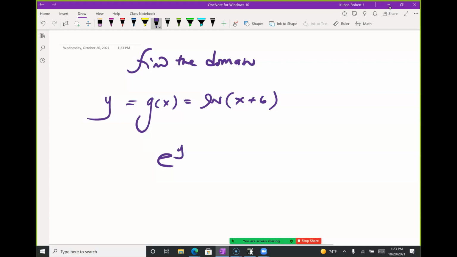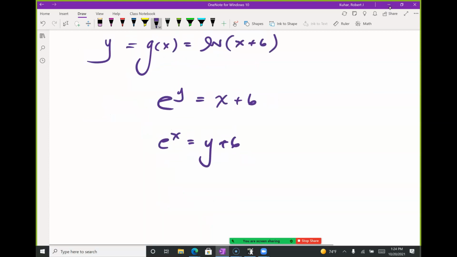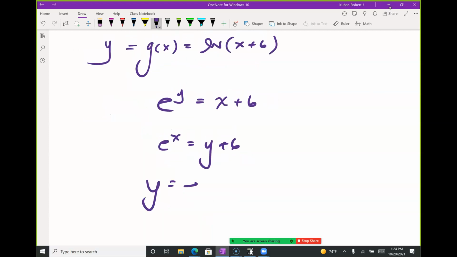So e to the y has got to be equal to x plus 6. Nice. The x's and y's are getting switched because we're doing inverse functions. So now I've got e to the x equals y plus 6. Or better yet, y is equal to e to the x minus 6.